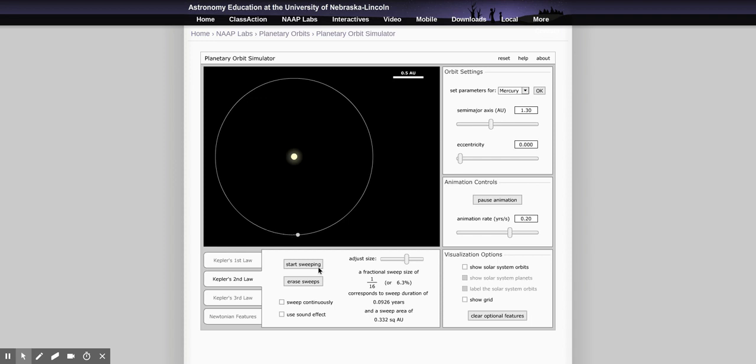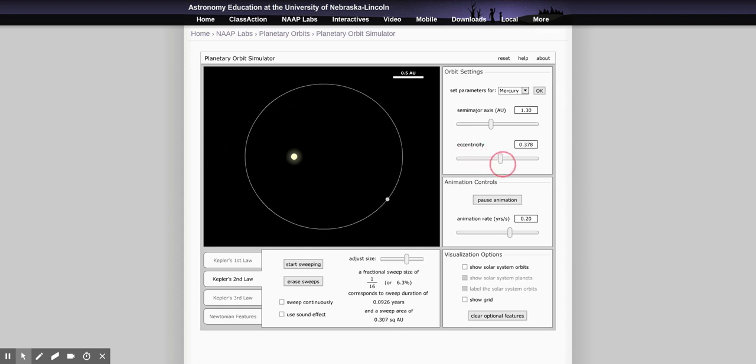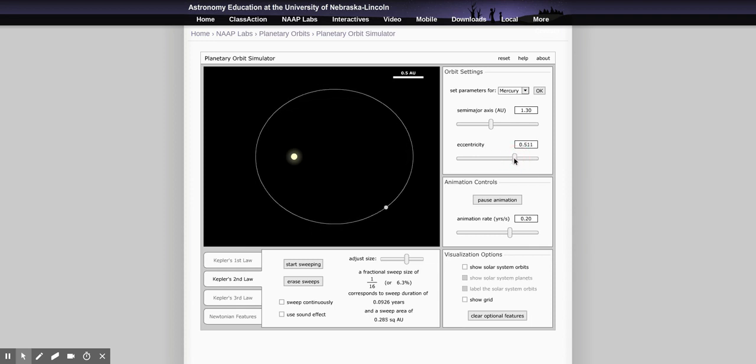But Kepler's second law tells us that for planets orbiting in an ellipse, the planet travels more slowly when it's farther away from the star. You see that? It sped up. When the planet is far away, it's going slower, and when it's closer, it's going faster. And it's doing so in a very specific way.